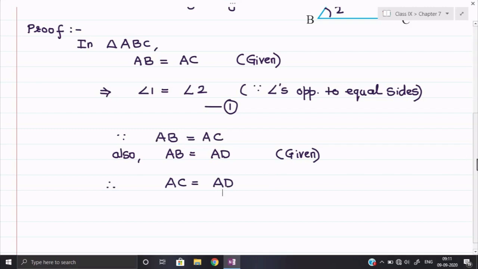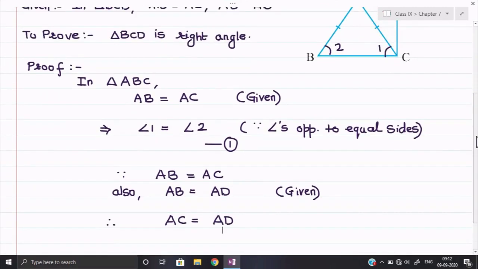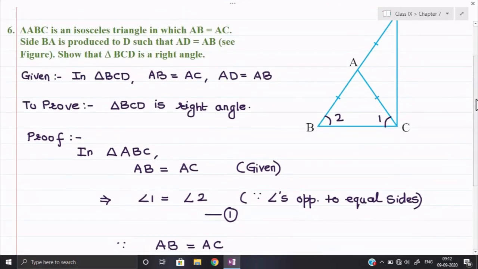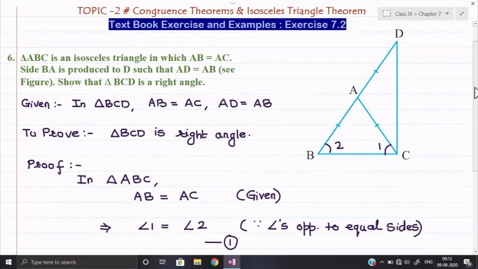Now come back to the other triangle. See, AC and AD we got equal, but AC and AD are the two sides of which triangle? That is triangle ACD. Look at the figure carefully.